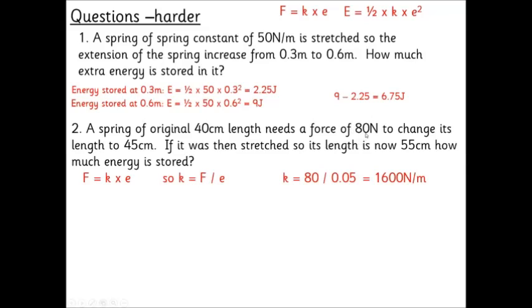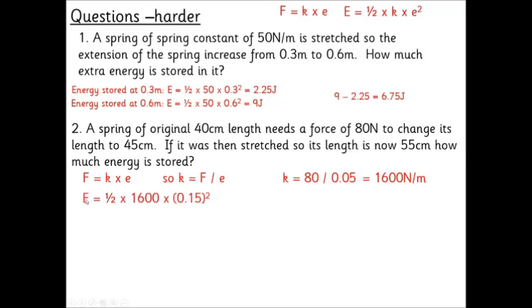So 80 newtons goes from an original length of 40 to a new length of 45. That's an extension of 5 centimeters, and 5 centimeters in meters is 0.05. So I'll do force of 80 divided by 0.05. We've got a spring constant of 1,600 newtons per meter.